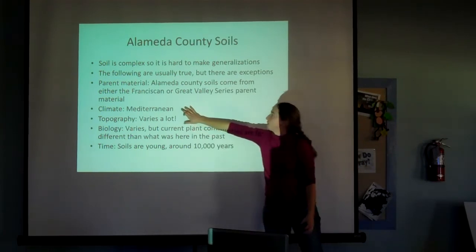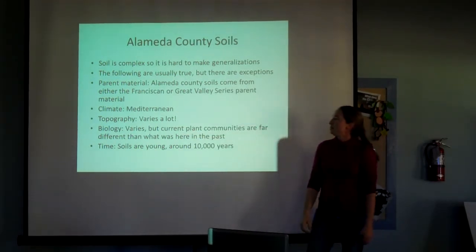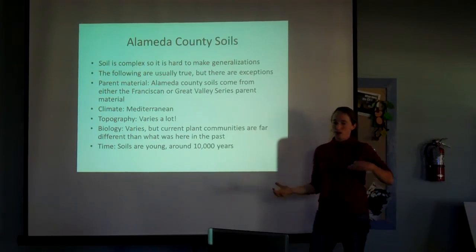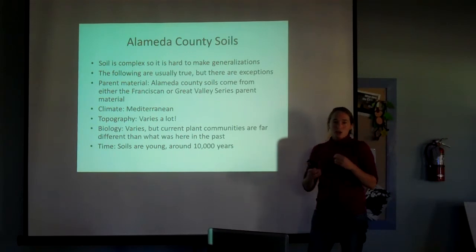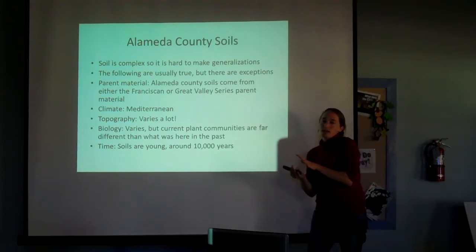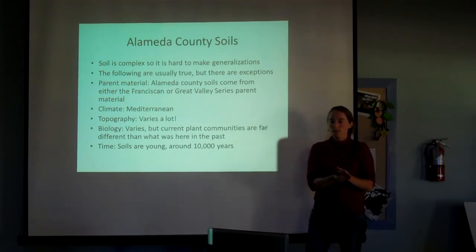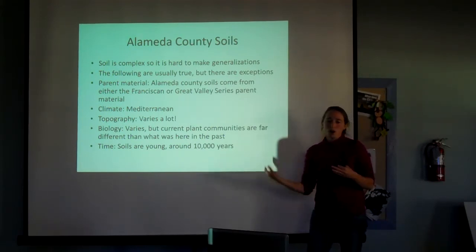The climate is Mediterranean. What that means is that it's hot in the summer and rainy in the winter, and the temperatures are kind of moderate, and it's a very good environment for microorganisms. Because it's favorable climate-wise, they're eating all year round.